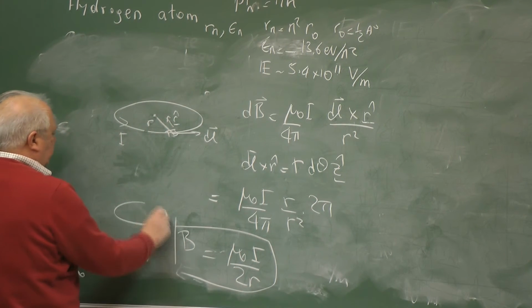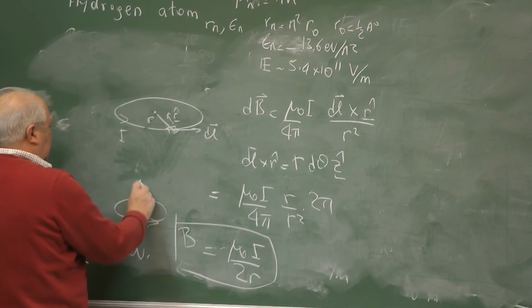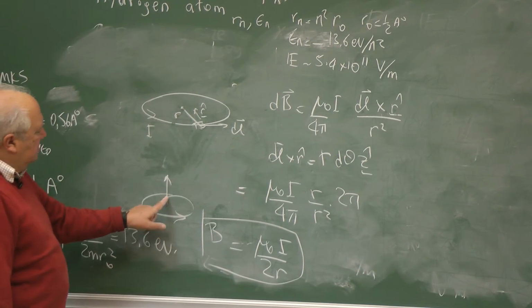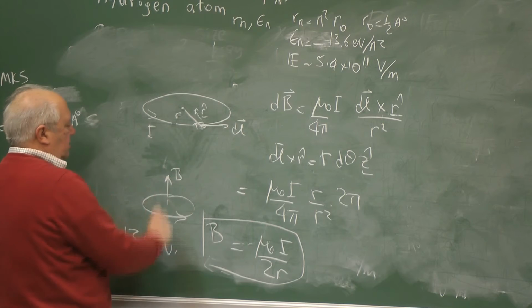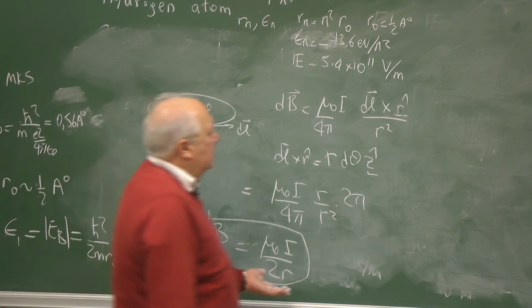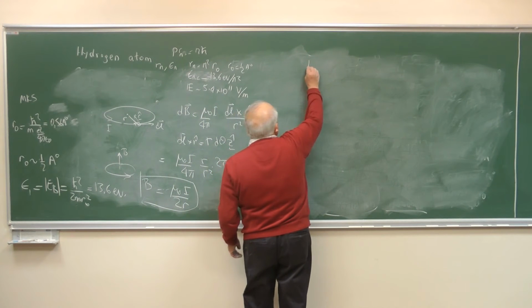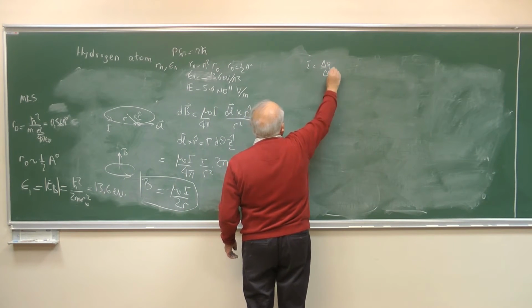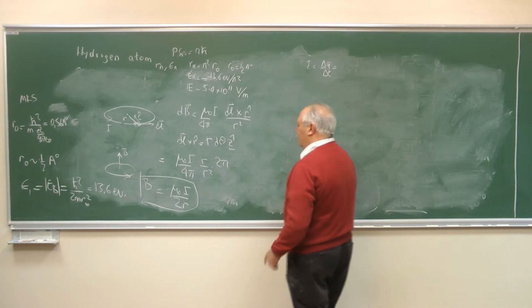So if you have a current loop like that, a circular loop, at the center, this is the B, mu 0 I over 2R. Now what is the electronic current then? Current is delta Q over delta T. And what is it for the electronic current?